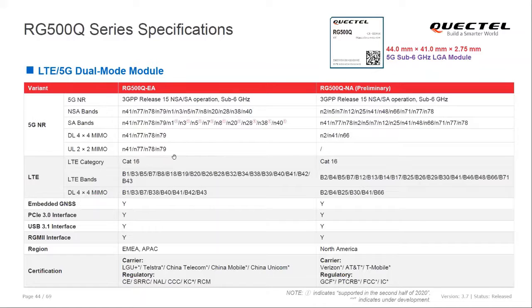You can see they can support both LTE and 5G. All of them have embedded GNSS, support PCIe 3.0 and USB 3.1 interfaces for high-speed data transfer, or RGMII, so Ethernet.